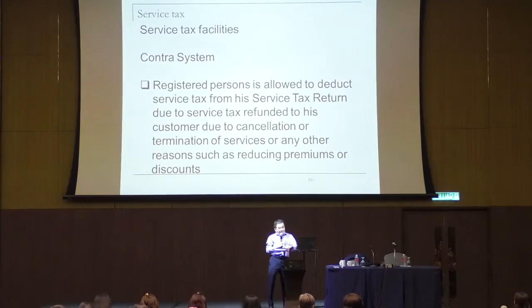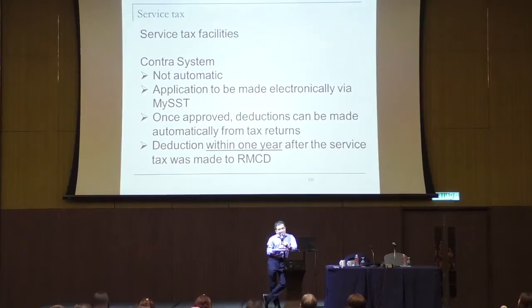A registered person is allowed to deduct service tax from his service tax return due to service tax refunded to his customer due to cancellation or termination of services or any other reason such as reducing premium or discount. I'll give you a practical example afterwards. And there is a deadline.